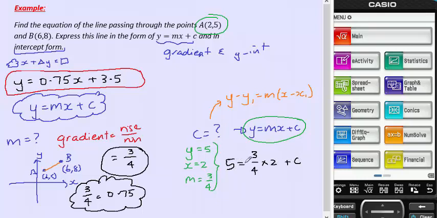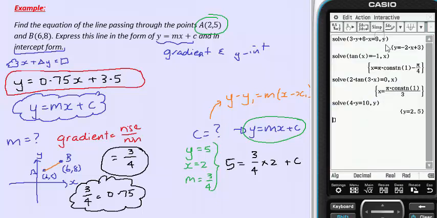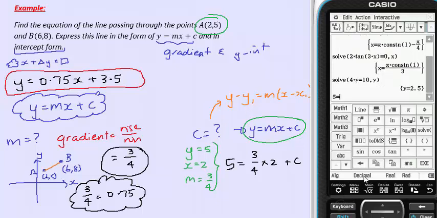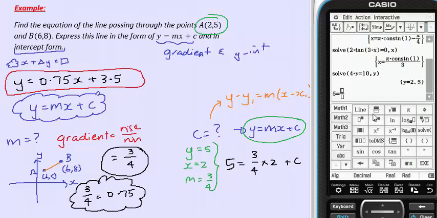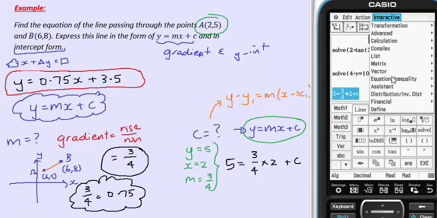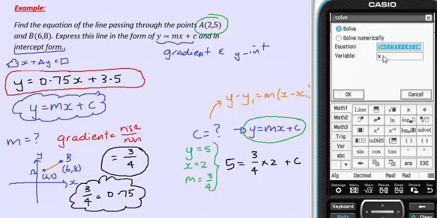What I can do now is I have this equation here and there's only one unknown. So I can go to the main screen again and I can write 5 equals, go here to my keyboard where I get my fraction, 3/4 times 2 plus c. I don't know what c is, so I'll highlight that, interactive, equation solve, and I'll solve that for c.